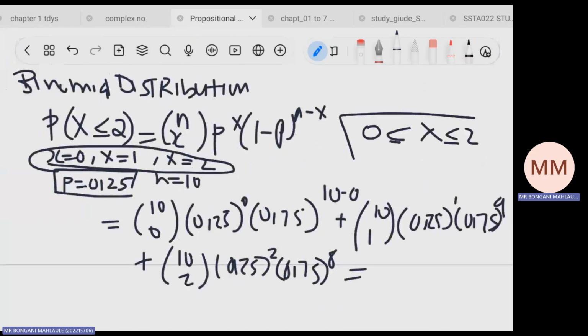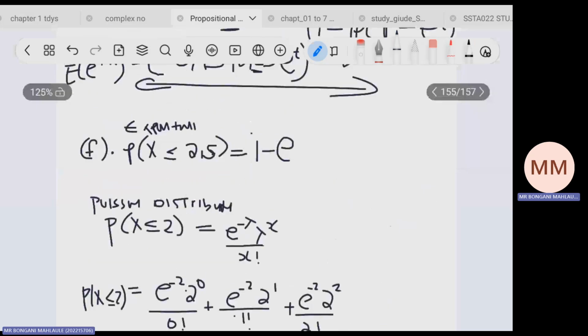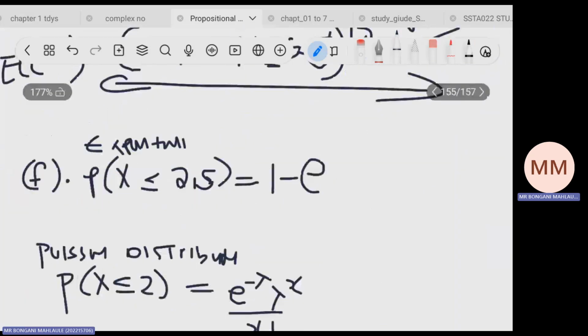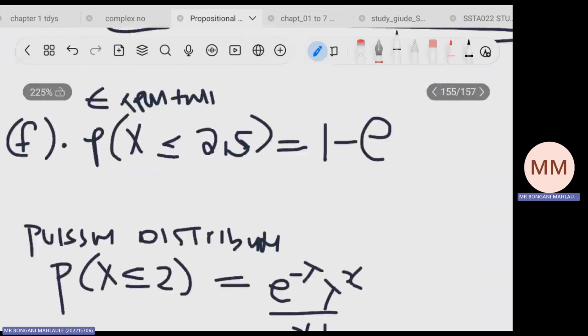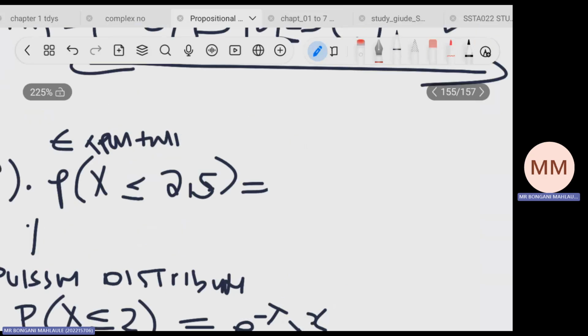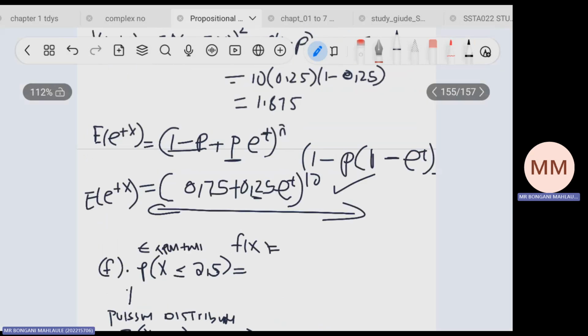Then for the one for exponential, remember, I want to check for the probability of x less than this. So you're going to say I have my function. You must first get the equation of the function. So this one is a bit tricky.